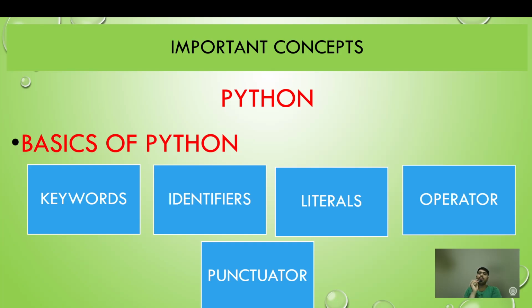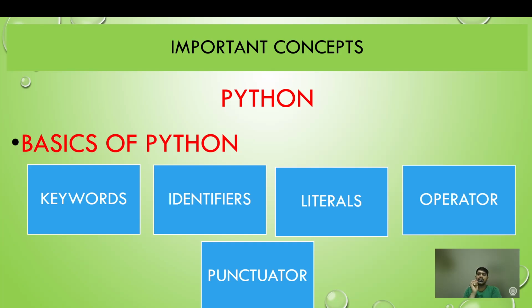Then we have operators. What is the use of an operator? Operators trigger the program to the next level. We have many operators: arithmetic operator, relational operator, logical operator, bitwise operator, membership operator, identity operator, and assignment operator.